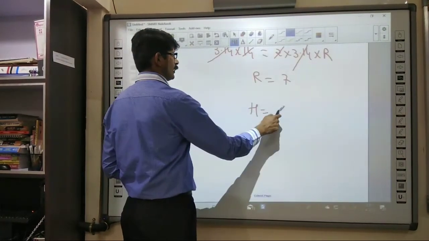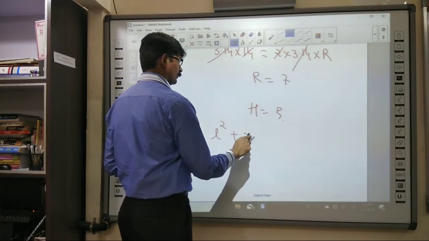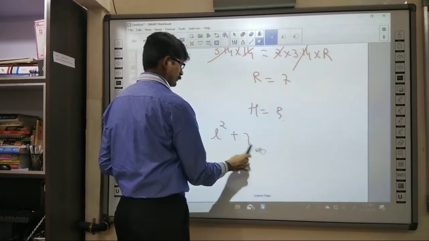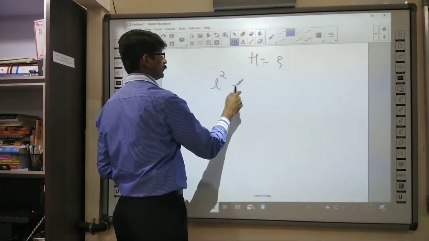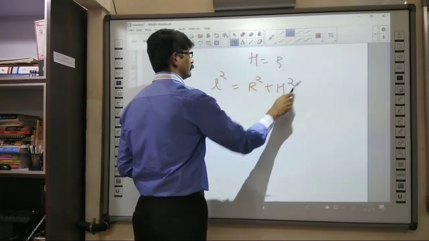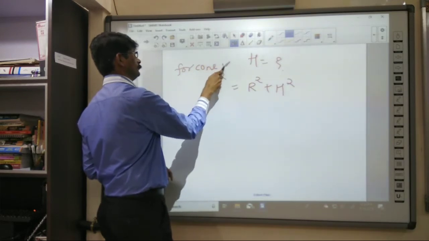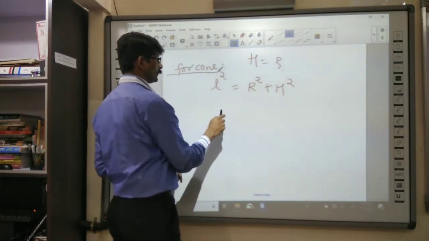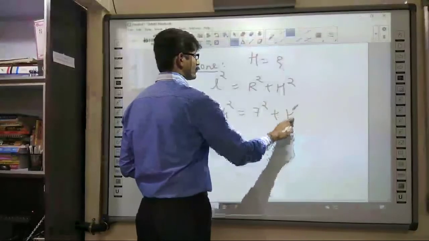L square equals R square plus H square for the cone. So L square, 14 square, equals R, which we just calculated as 7, square plus H square.